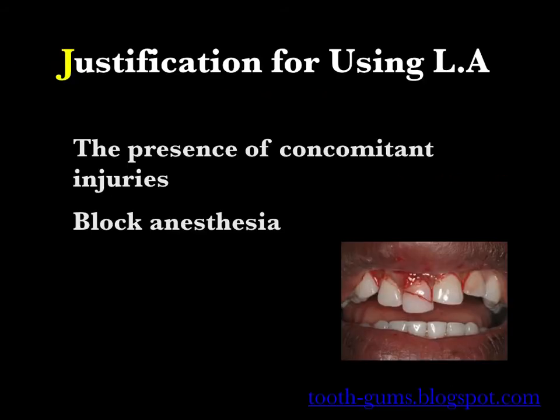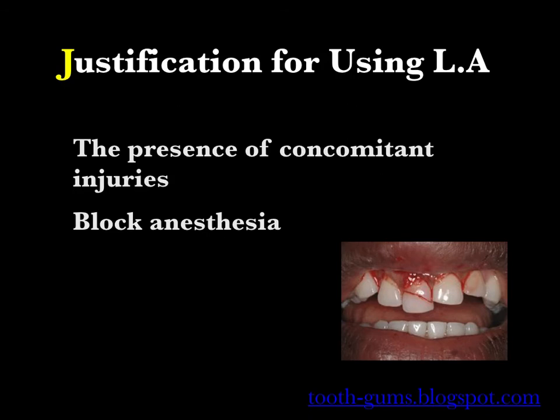So, in all trauma, if you're going to intervene, you have to give the patient local anesthesia. It will really ease the patient and they will be cooperative. There are some recommendations not to use vasoconstrictor, even though there is no clear evidence that vasoconstrictor will affect the healing of the tissue.